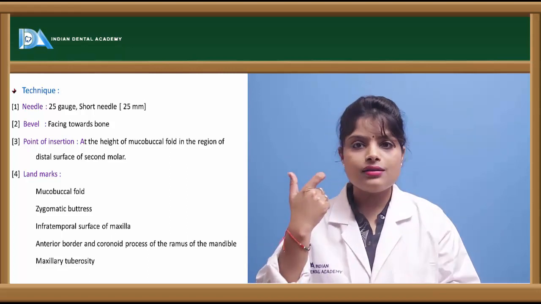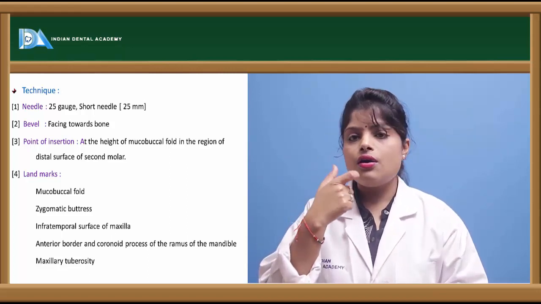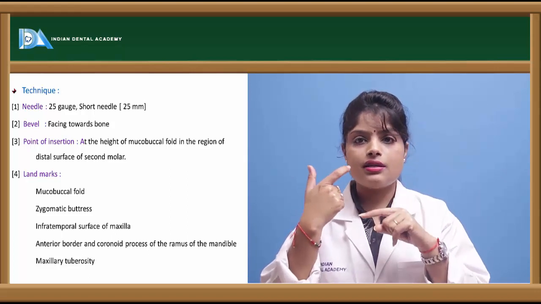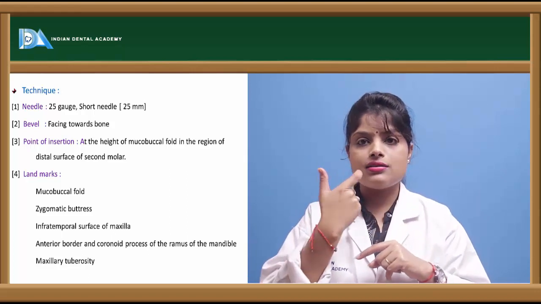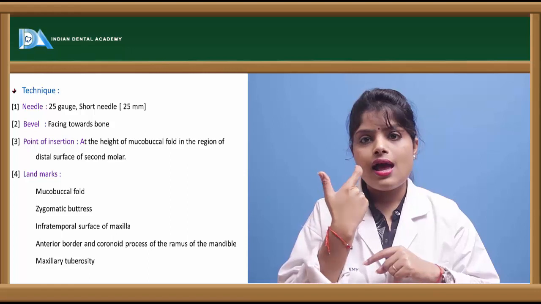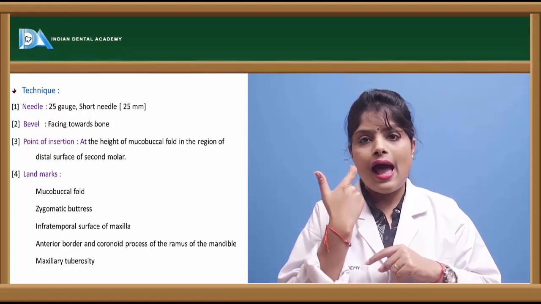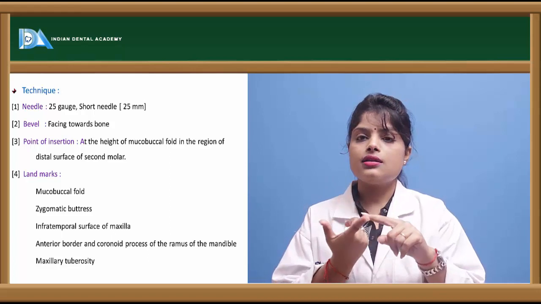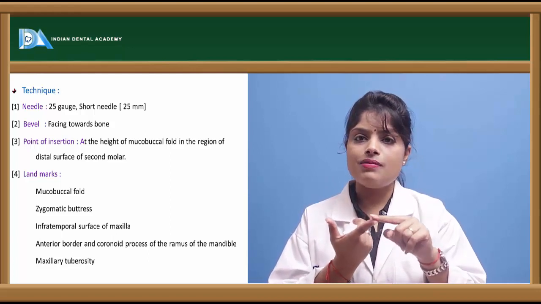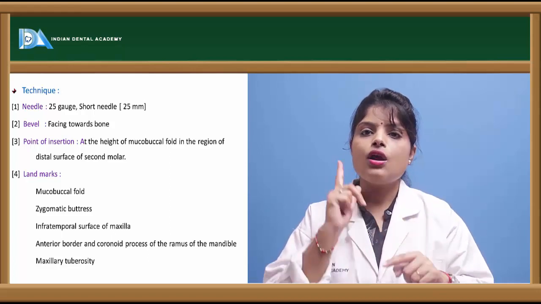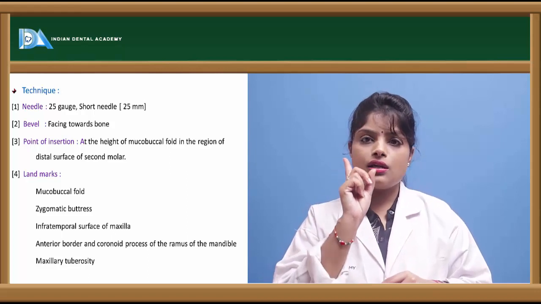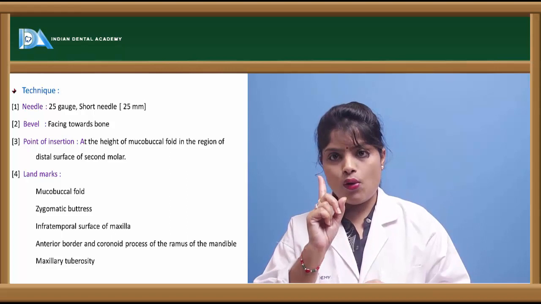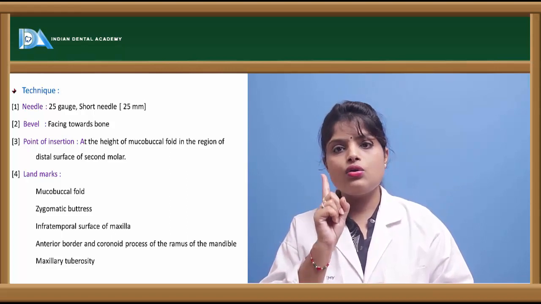We retract the buccal mucosa and insert the finger inside the buccal sulcus, or the mucobuccal fold, and we rotate our finger so that the bulbous end of the finger ends in the mucobuccal sulcus and points to the coronoid notch.